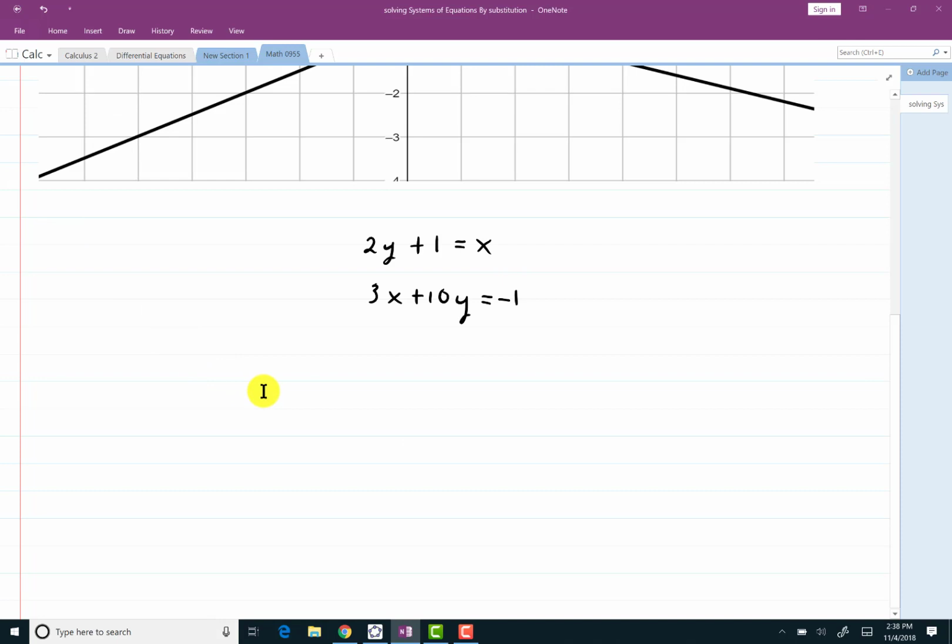Alright, now if you'll notice here, in the first equation, x is all by itself. So what I'm going to do is take this expression for x and substitute it into the second equation. So we're going to substitute x equals 2y plus 1 into the second equation.